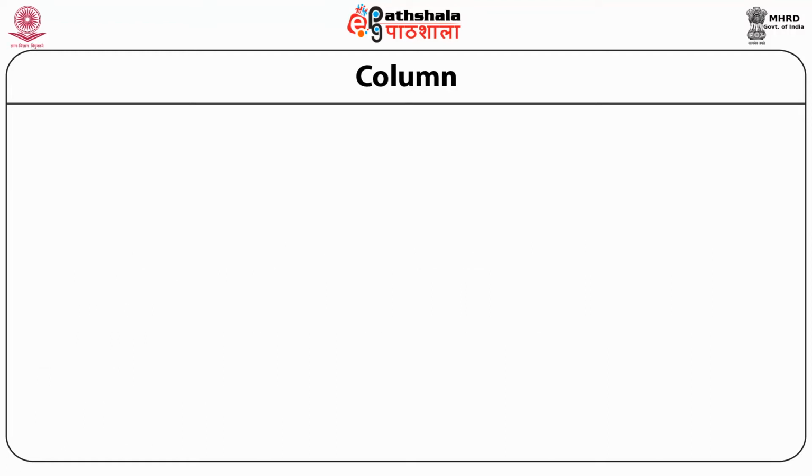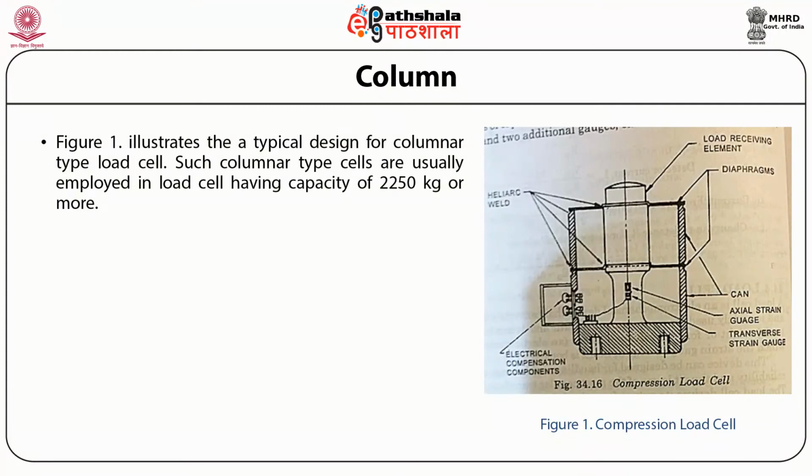First is column. Figure 1 illustrates the typical design of the columnar type load cell. Such columnar type cells are usually employed in load cells having capacity of 200 to 250 kg or more.